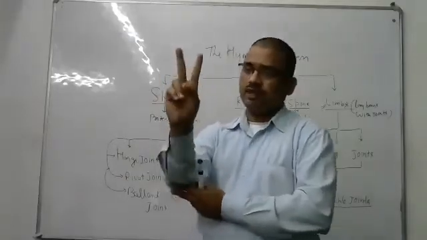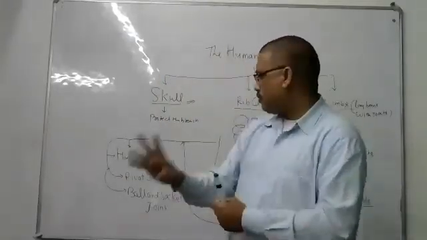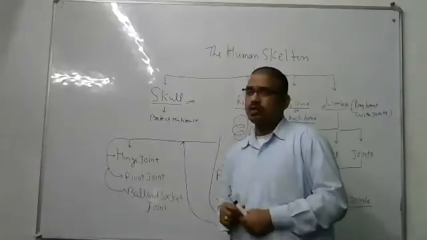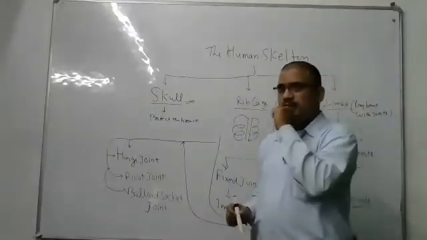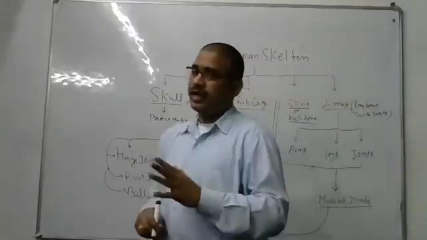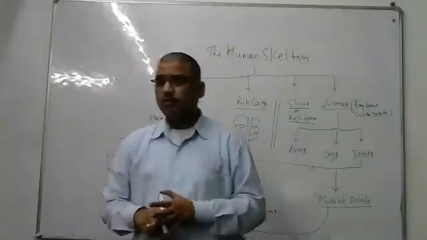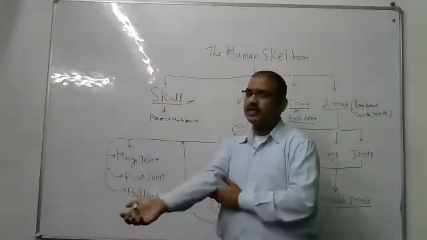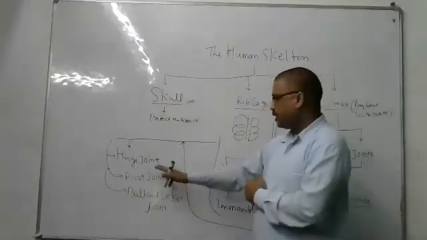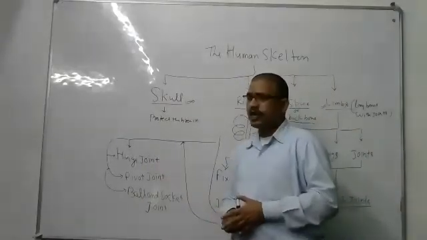Only two directions of motion are provided by this joint, and that is called a hinge joint. A hinge joint gives motion in the backward and forward direction only.